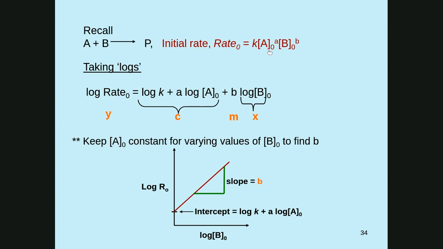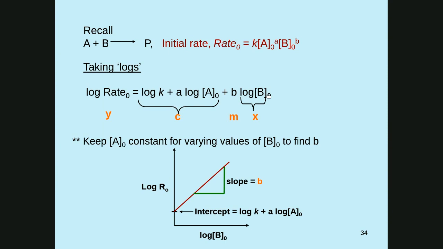Again, because of the power law dependence, we take logarithms on both sides to turn the indices into factors. So we get the log of the initial rate equals the log of the rate constant plus index with respect to A, order with respect to A, times the log of A at time 0 plus B times the log of concentration of B at time 0.